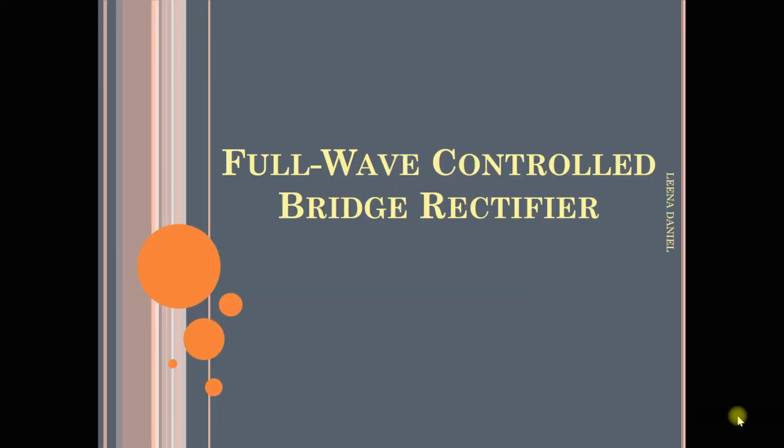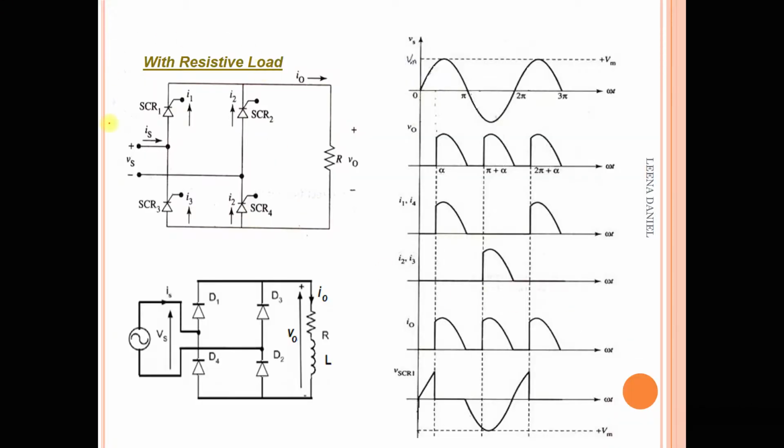Now let's see the full wave controlled bridge rectifier. This is the bridge rectifier. I have considered both the circuits. This is the thyristorized circuit and this is the diode circuit. The function of this circuit is like a bridge rectifier, meaning in half wave, in the positive half or in the negative half, only one thyristor or one diode is conducting.